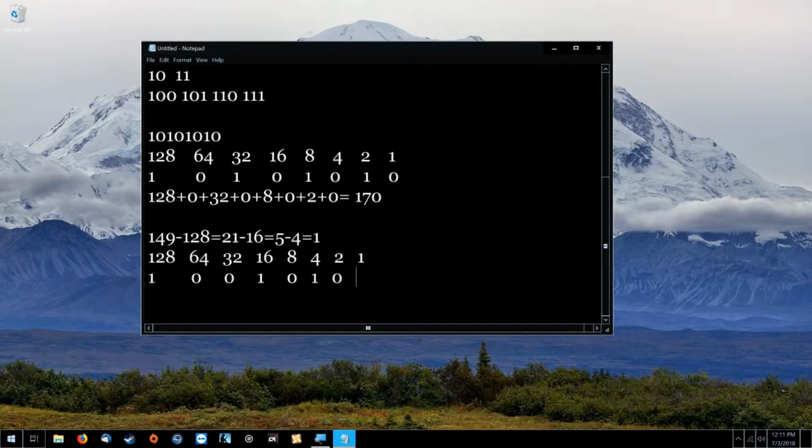So, not there, but 1 minus 1, I'm hoping you guys can figure that out, is 0. So this, which I'll write out here, 1, 0, 0, 1, 0, 1, 0, or, oops, 1. So this 1, 0, 0, 1, 0, 1, 0, 1 is the binary translation of 149 in decimal.